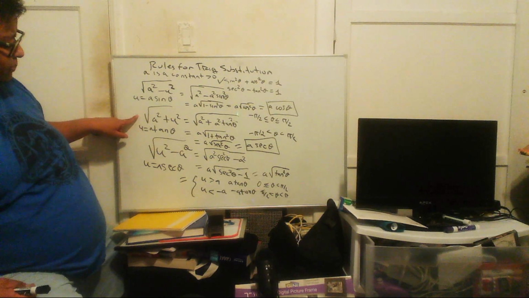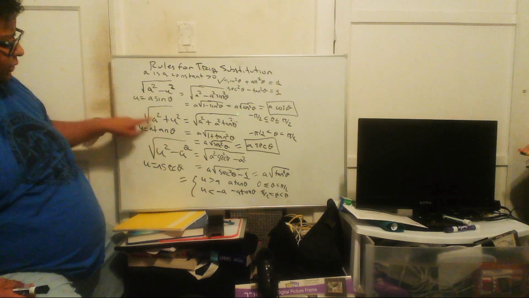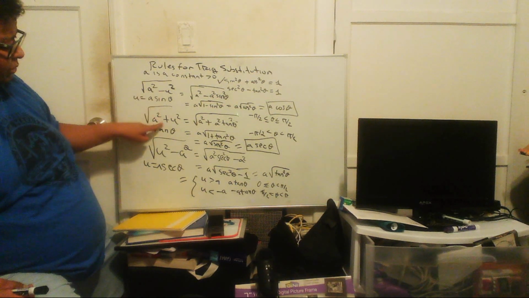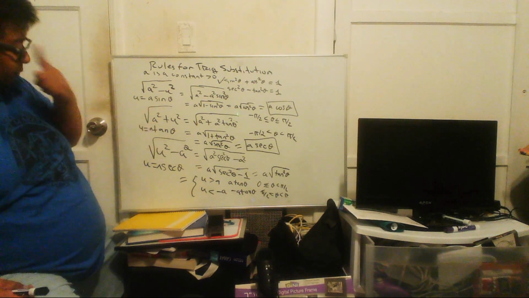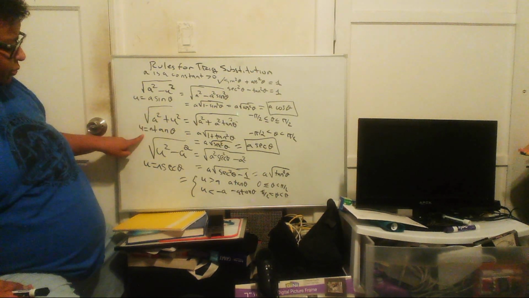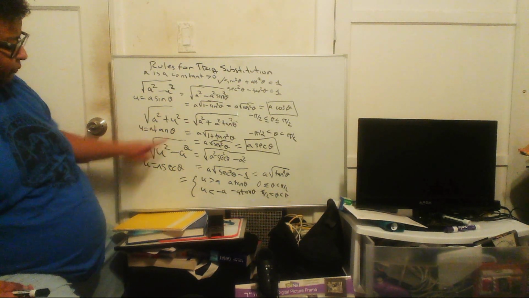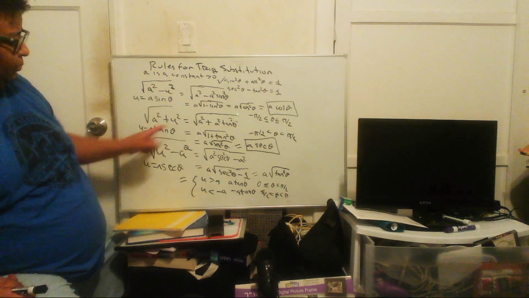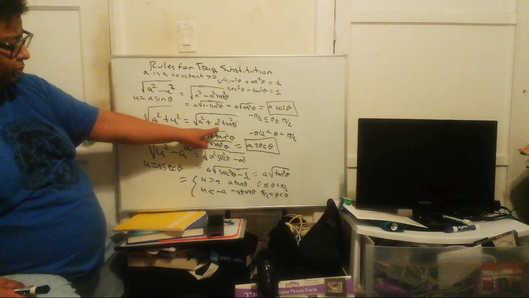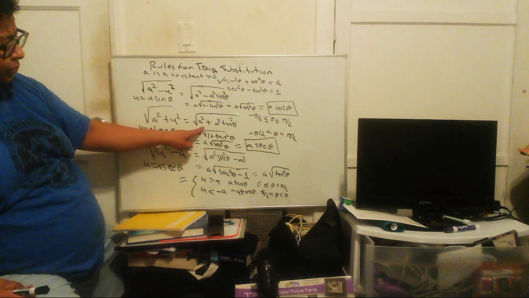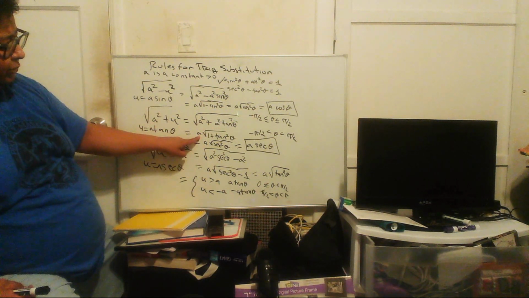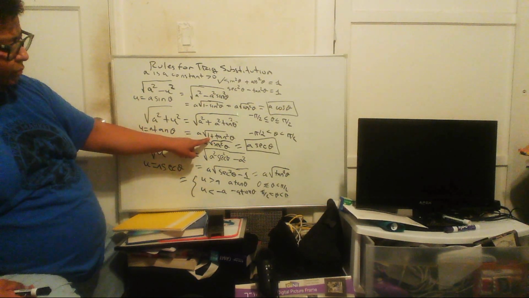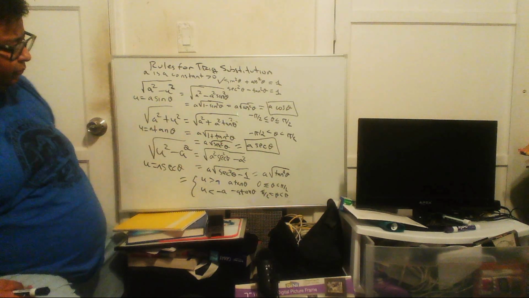Now this pattern here is similar to this one. The only difference is that here we have a minus, here we have a plus. In this case you let u equal a tangent theta, then you plug it in for u, and you get this. Here you factor out the a, and inside the radical you're left with 1 plus tangent squared theta.